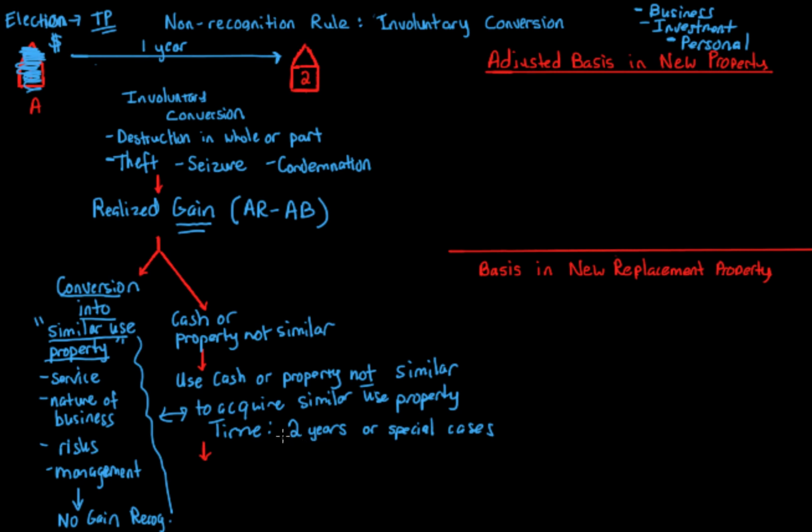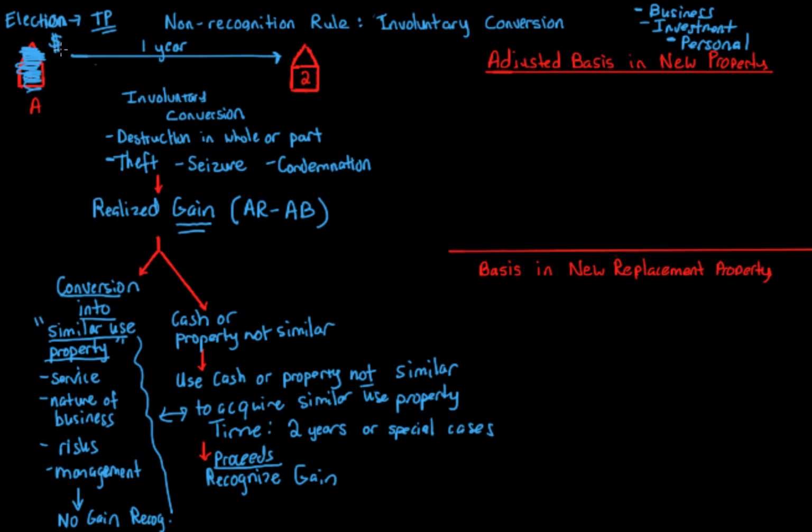So if we have that 2 year time period, the next question becomes, did we use all the proceeds? I'll do a simple example in a moment. If we don't use all the proceeds, I'll just say this one's called proceeds. So again, A's house is destroyed in the hurricane, A gets money.